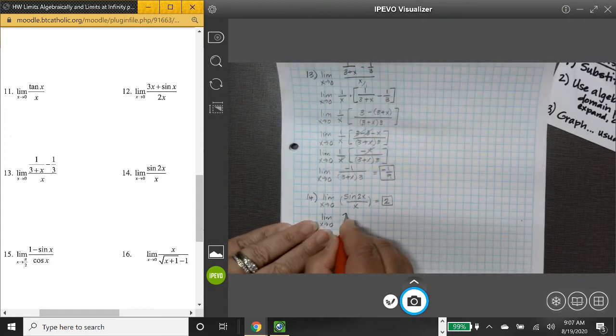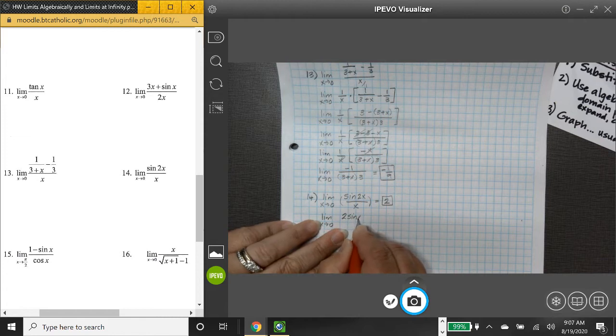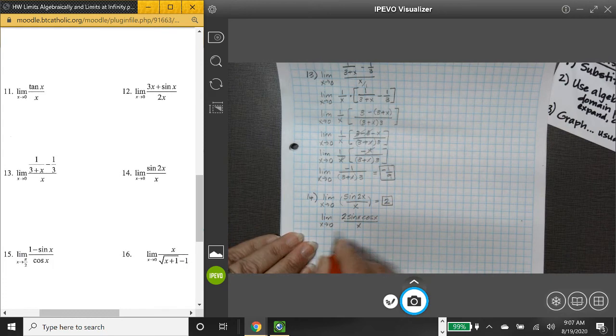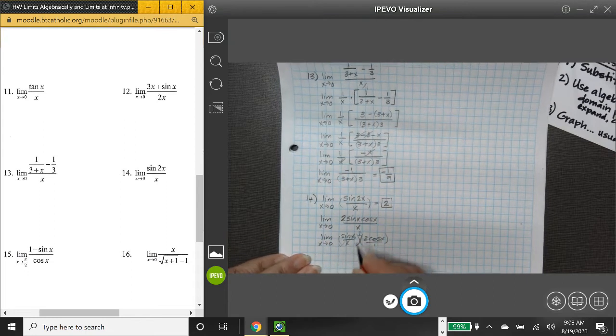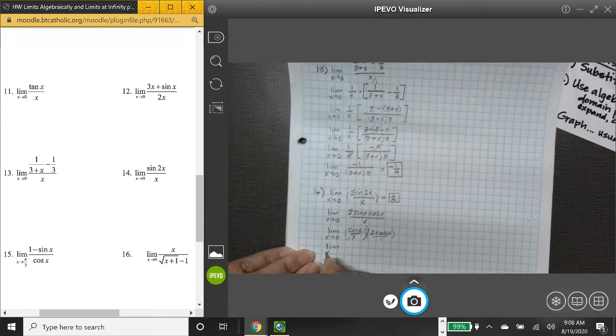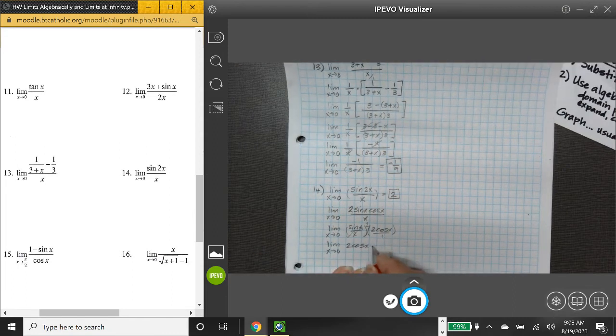With the sine 2x is equal to 2 sine x cosine x over x. And then I see my miracle, the limit as x approaches 0 of sine x over x times, well, what's left? 2 cosine x over 1. And this we know is 1. And I get the limit as x approaches 0 of 2 cosine x. And now I can plug in 0, and the cosine of 0 is 1, so it is indeed 2.